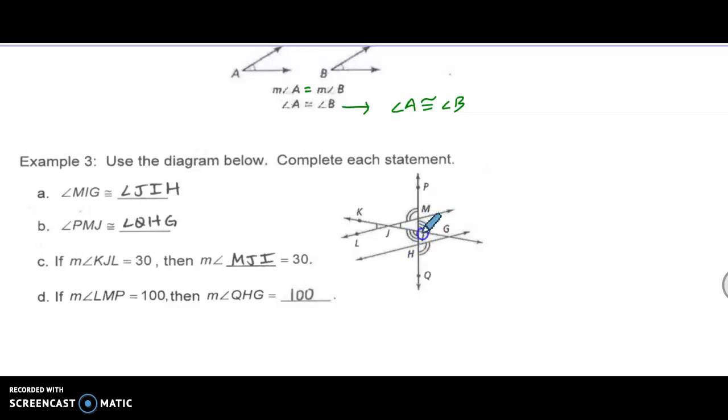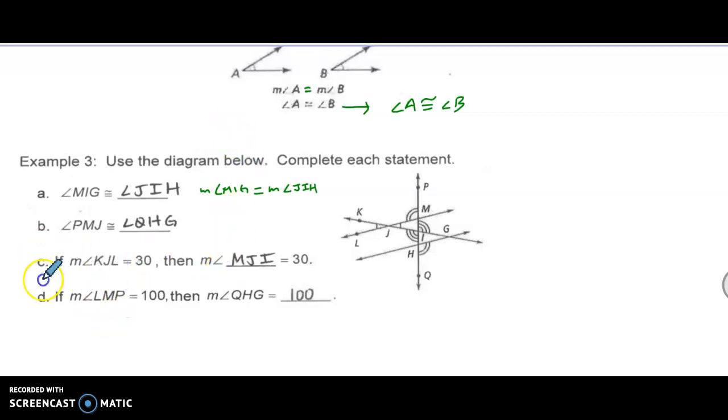Now, again, we don't know exactly what the measure is, but we know that they are congruent. They're the same. So therefore, we say they are congruent. If you want to say they have the same measure, then what you would write is the measure of angle MIG is equal to the measure of angle JIH. So just wanted to clarify that difference.